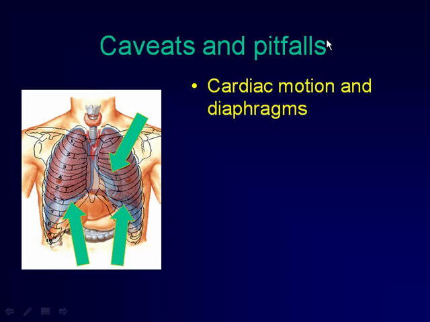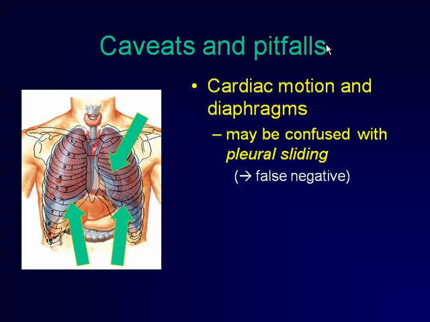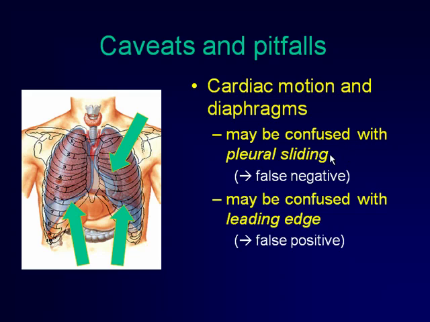Cardiac motion in the diaphragms can cause problems. May be confused with pleural sliding, creating the impression of a false negative in someone who has a pneumothorax. And conversely, it may be confused with a leading edge, which will give you a false positive exam in someone who actually doesn't have a pneumothorax.